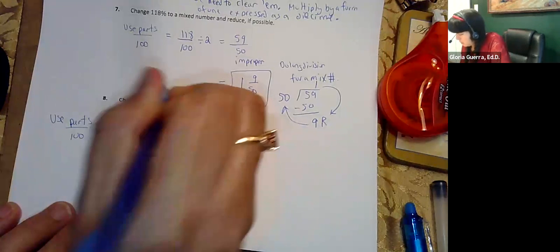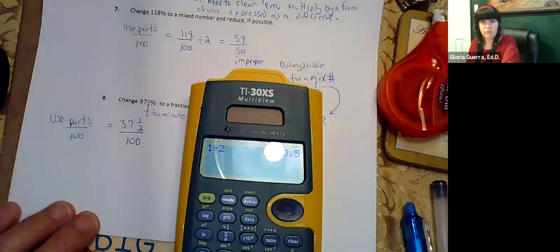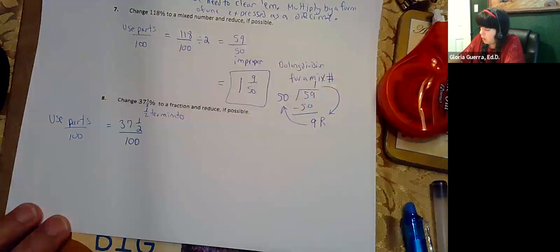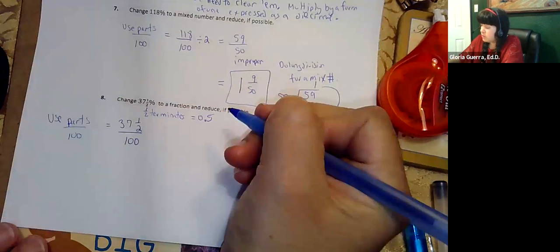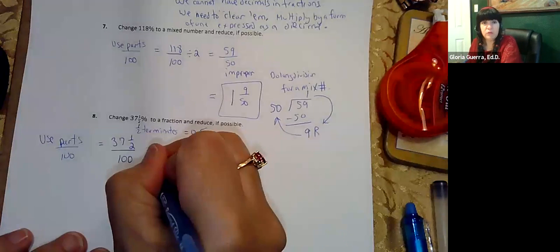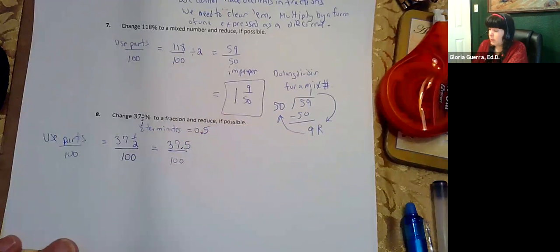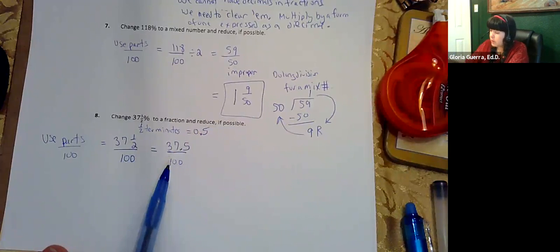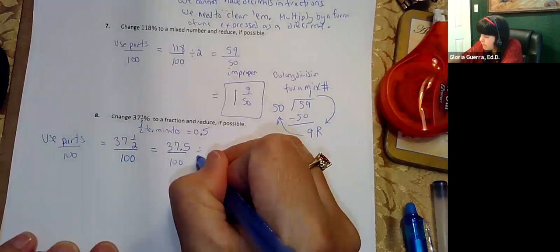Those become decimals, those are very popular. 1 divided by 2 is actually 0.5. So you can express 37.5 that way, and they would be equivalent over 100. You could do that if you wanted to save some time. That would be fine. And then you can reduce by 2.